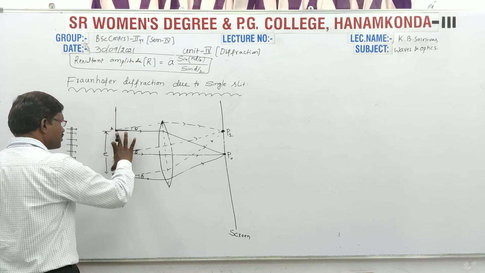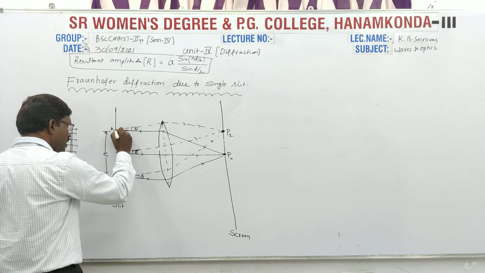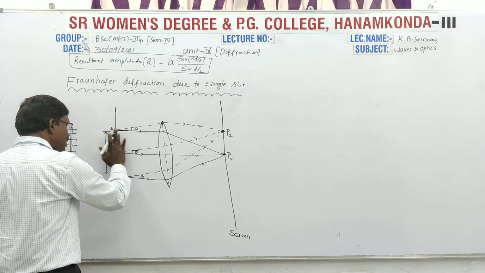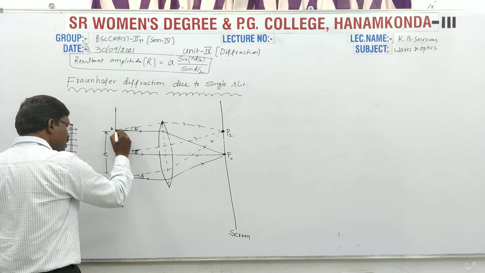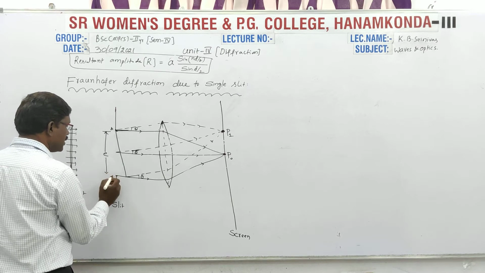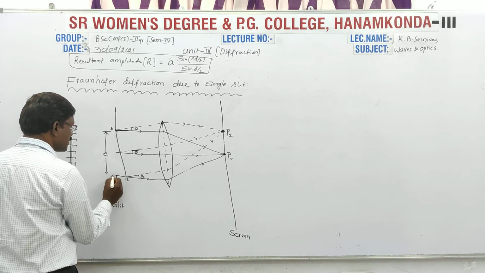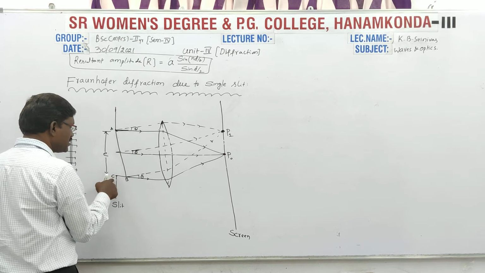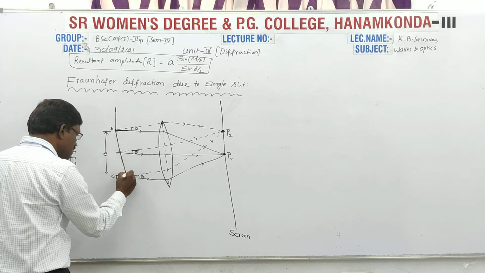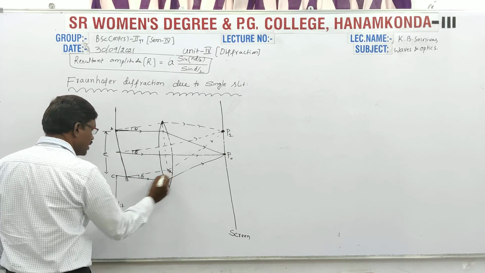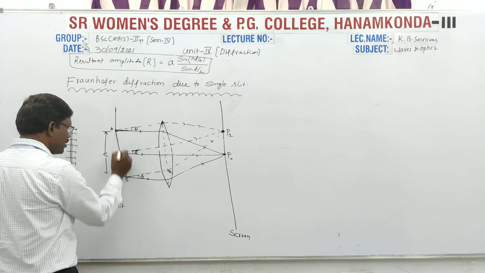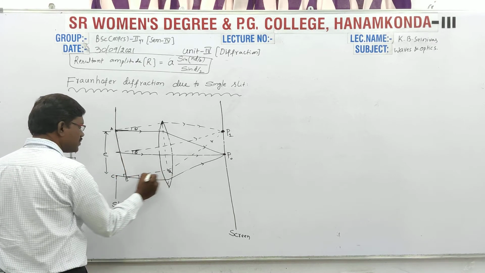To calculate the path difference between the rays, I am drawing a normal from A on the ray through B, so AC is the normal drawn on BR.